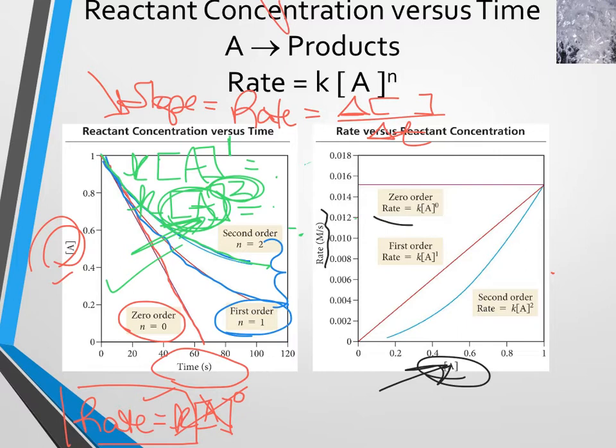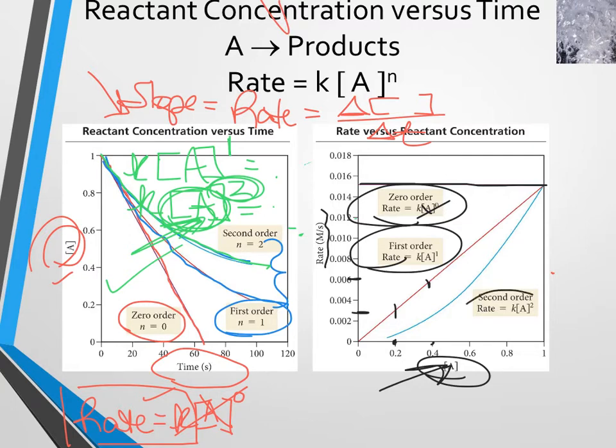Well, zero order is independent, does not depend on the concentration of reactant, so its rate stays constant. First order has a direct relationship between concentration and rate. So if you double the concentration, let's say we go from 0.2 to 0.4, we also double the rate.